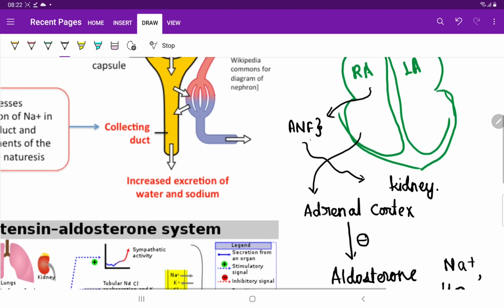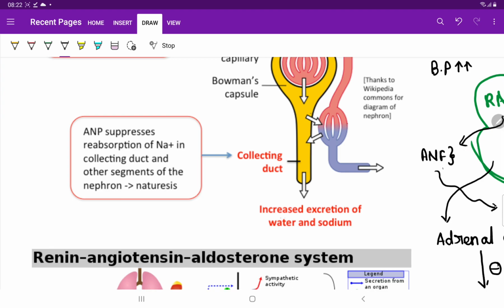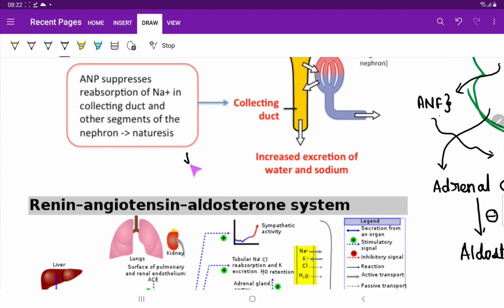If our body loses sodium and water, obviously it is going to decrease the blood pressure. And then this atrial natriuretic peptide also suppresses reabsorption of sodium ion in the collecting duct, which ultimately decreases the blood pressure.